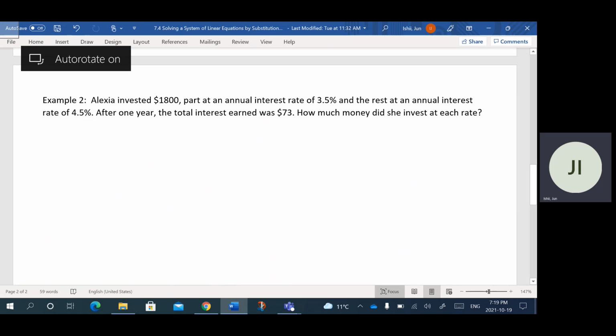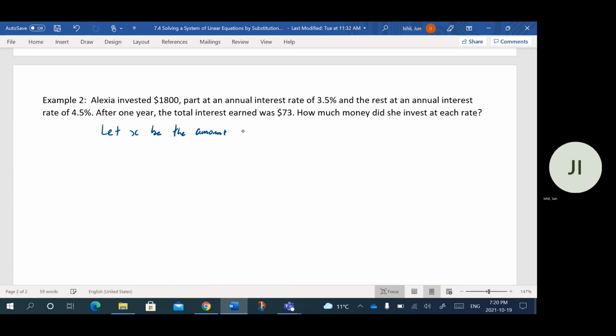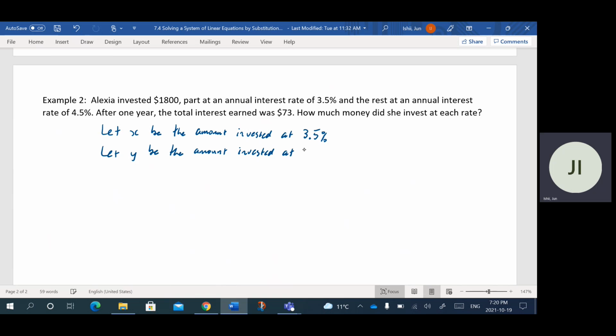So going back to what I was saying, how much money did she invest at each rate? Okay, so that's what you're being asked to do. I'm just going to assign the variables to what they mean. We're going to let X be the amount invested at 3.5%, and we'll let Y be the amount invested at 4.5%.